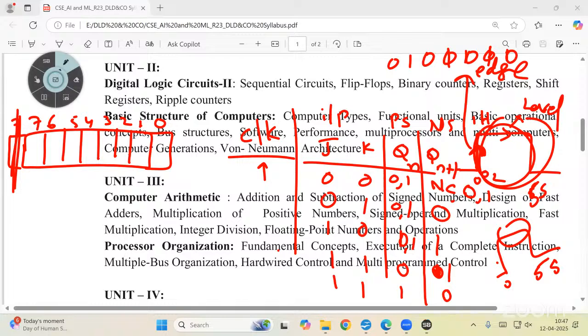So now, using the 8-bit register, what is the minimum data we can accommodate and what is the maximum data we can accommodate in that 8-bit register?